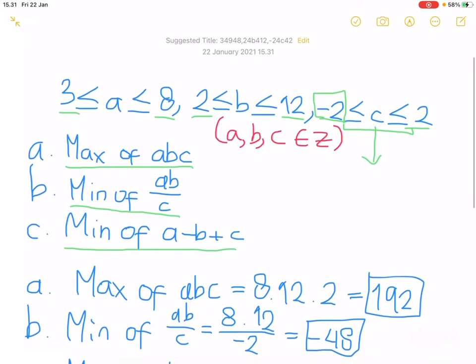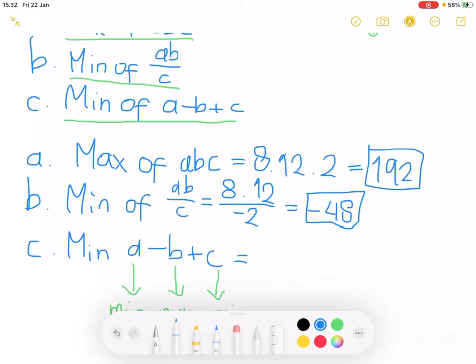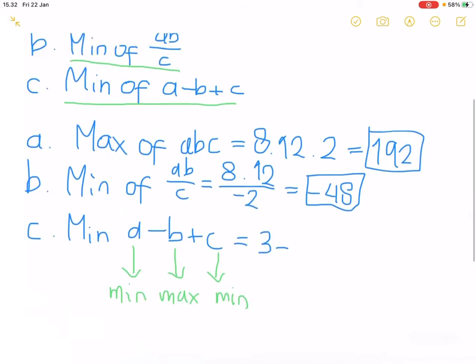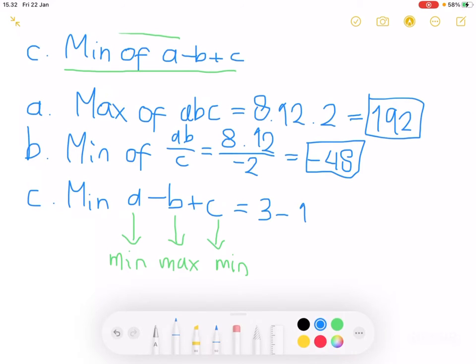We have our minimum of A, which is 3, maximum of B, which is 12, and minimum of C, which is negative 2. And you can just manipulate this to get negative 11.